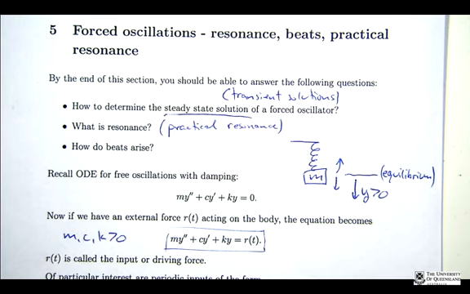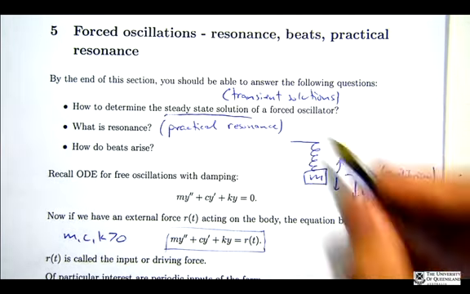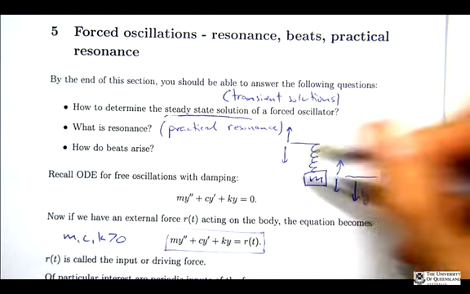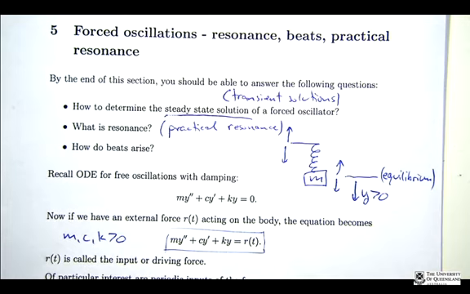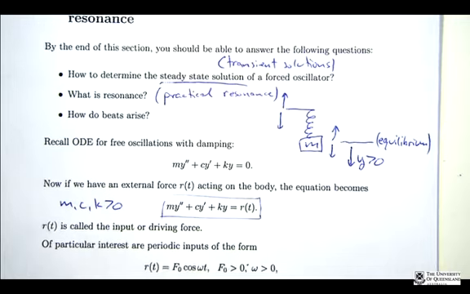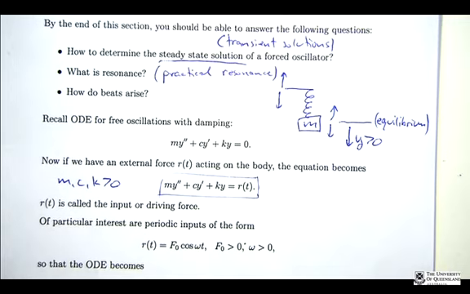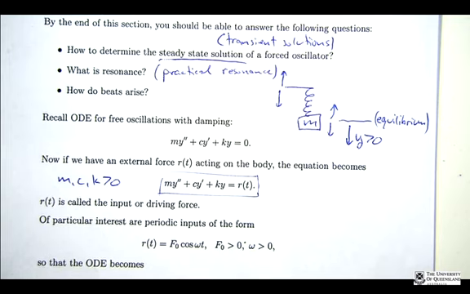And now, what's more, we're introducing a driving force. So we're attaching the end of the spring to some kind of mechanical oscillator. And we'll only focus on the case where the force due to that mechanical oscillator is a cosine wave.